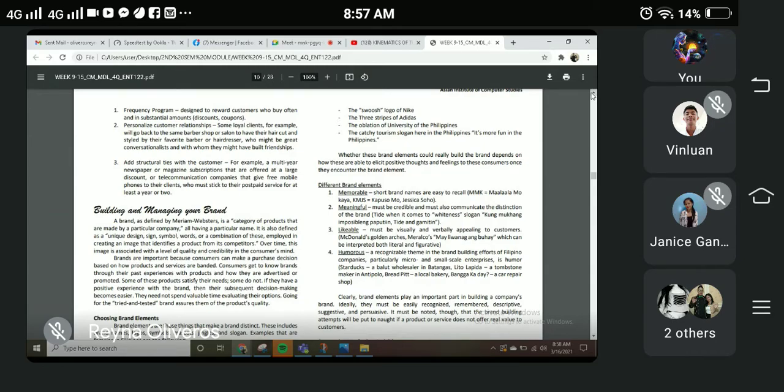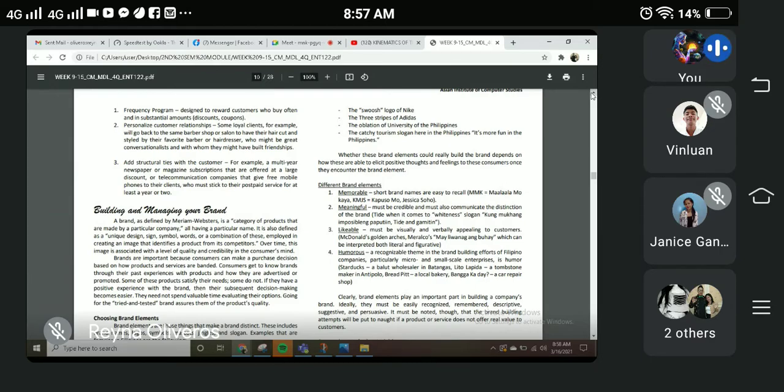'Di ba? So, pag gagawa ka ng isang brand, it should be something that is recognizable, memorable, meaningful, likable, and humorous to the people. 'Di ba? It is because clearly brand elements play an important part when it comes to building the company's brand. And ideally they must be easily recognized, remembered, descriptive, and suggestive.